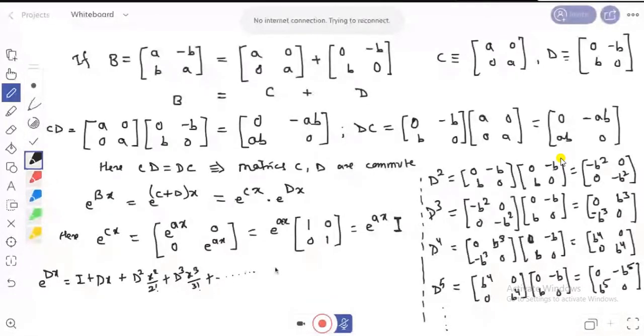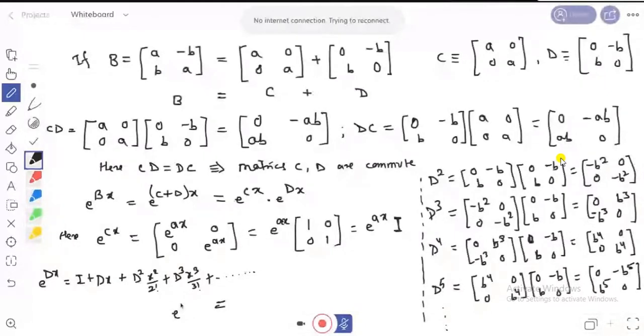Okay, so what if we put in here D, this D square, D cube, D power 4 and D power 5. Okay, so in the next page we, or let us see this here if we get space.